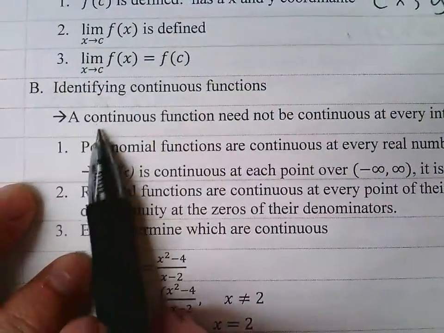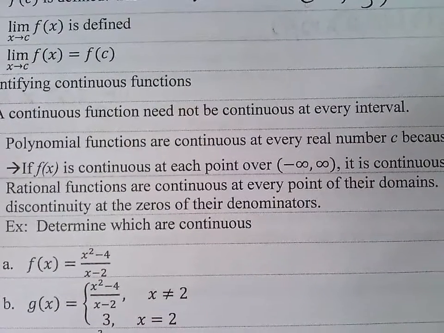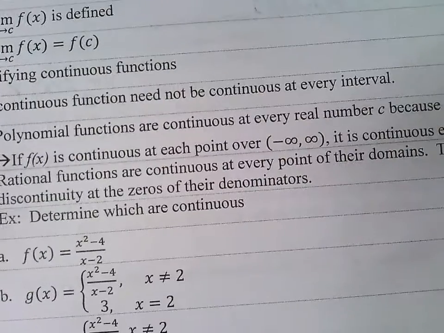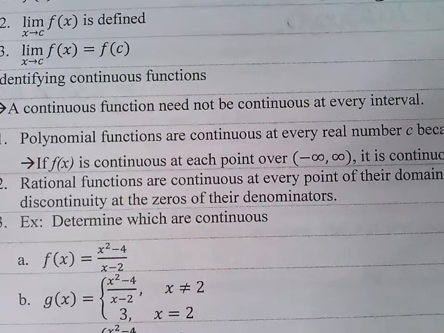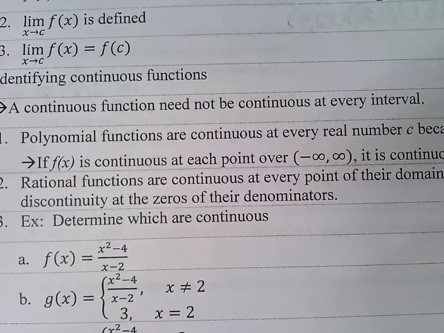Also, I want you to note, this is really important: in calculus, a continuous function does not need to be continuous at every interval. So every function is continuous, but it just might have points of discontinuity. That's what that means.